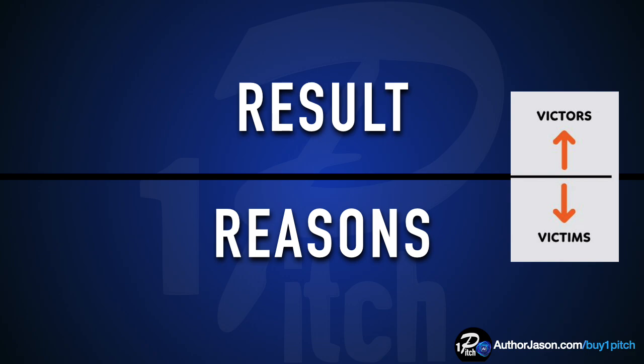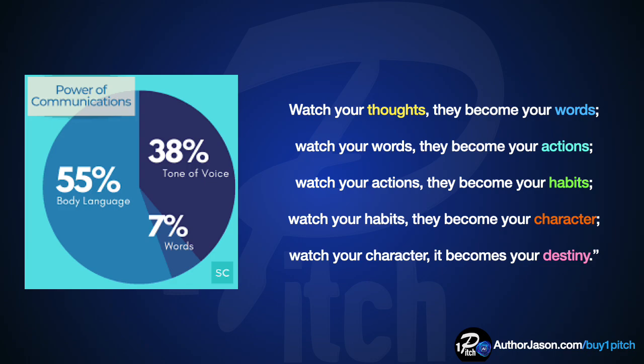They have results because they don't give up. For the victims, they always have reasons why they are failing, why they don't deserve, why they blah blah blah. So the only why that winners and champions have is the discipline of training and practice. This is a very famous quote from Lao Tzu.